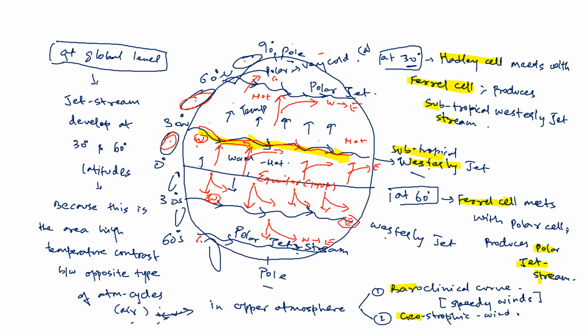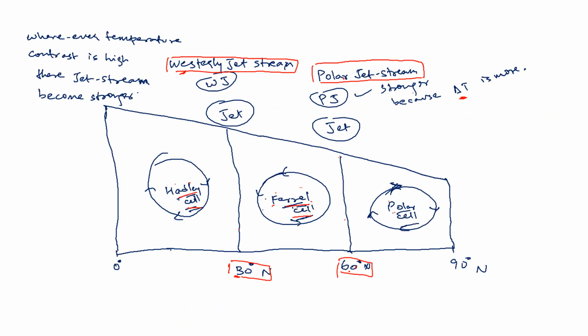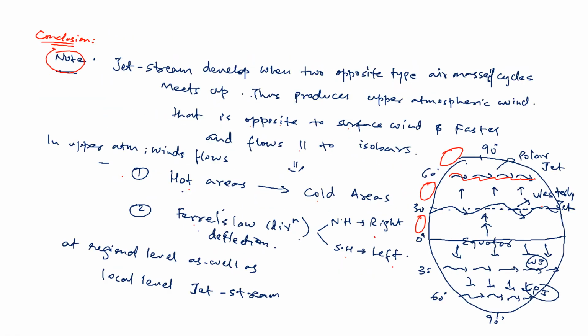So it might be asked which jet streams are more powerful and stronger. The answer is the polar jet stream. So that is the reason for the westerly jet stream and the polar jet stream formation. The more temperature contrast between the opposite types of atmospheric cells, the more powerful the jet streams. I hope you got it.